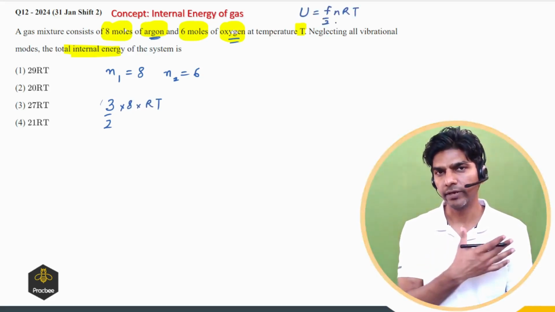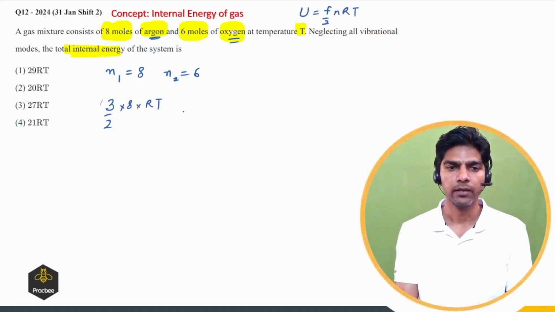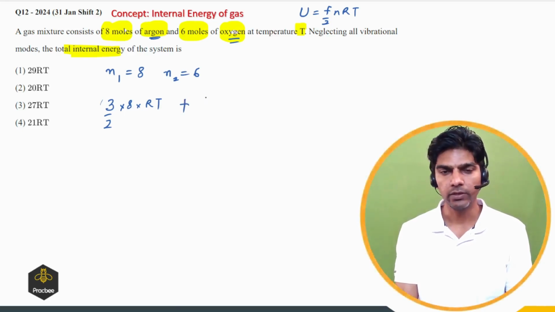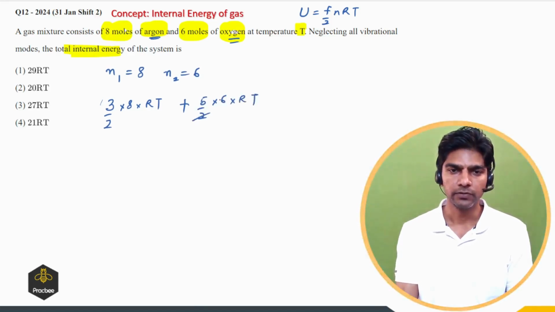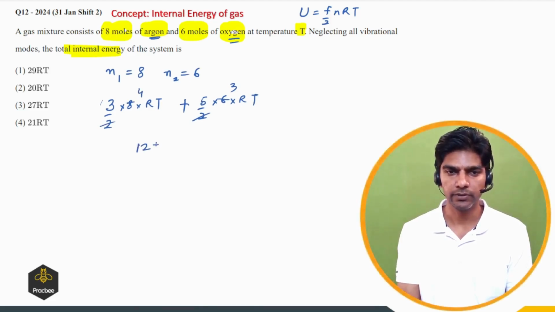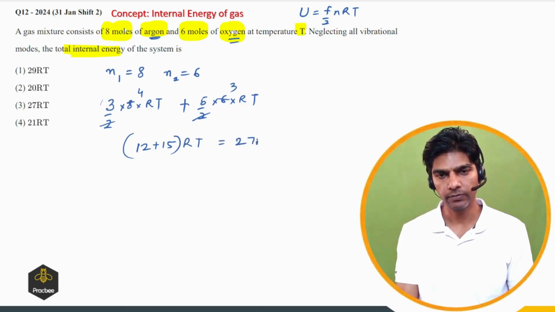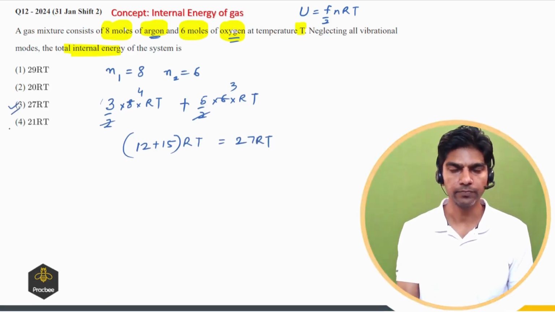So basically you have to add up the internal energy for both the gases, and for diatomic gas the value of f is 5, so 5 by 2 times 6 RT. So this will give us 12 plus 15 RT, which comes out to be 27 RT. So option 3 is the right answer.